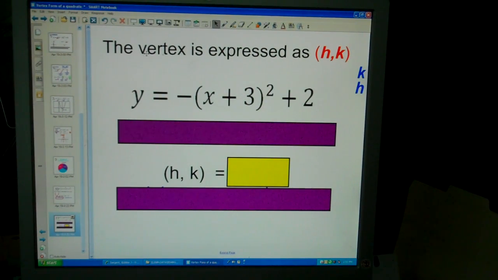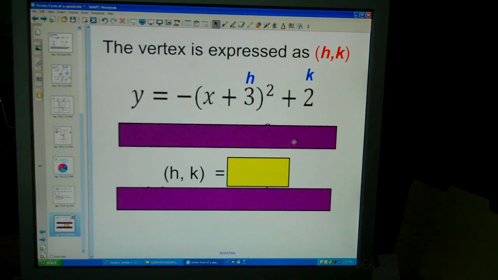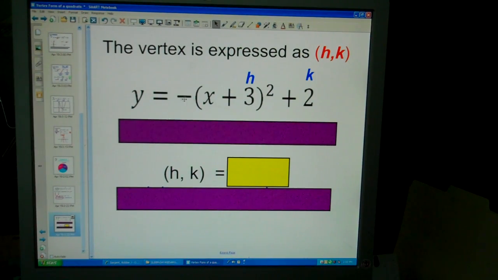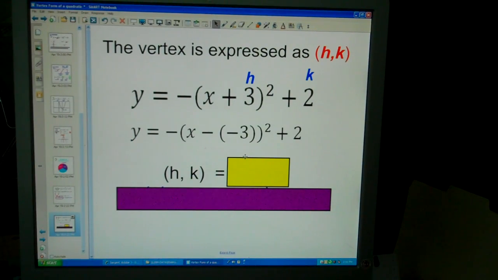Okay? Very good. Next. Here we go. You do these. The vertex is expressed as h comma k. Rewrite that so you have that minus sign there because you know that plus sign is not part of the formula. Very good. What is the vertex for this parabola?